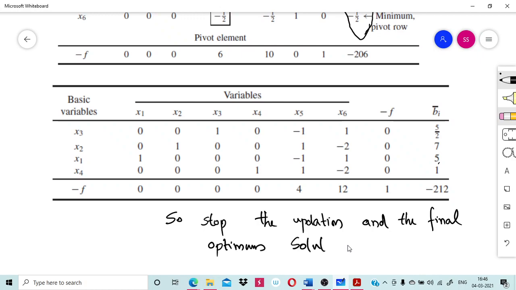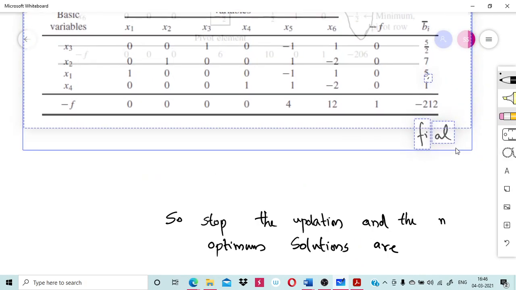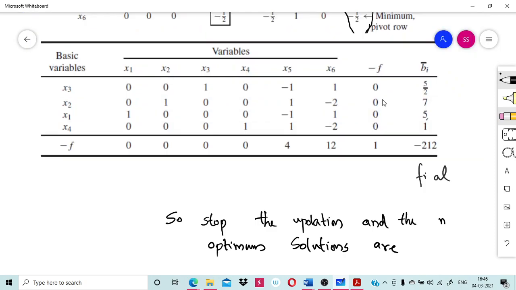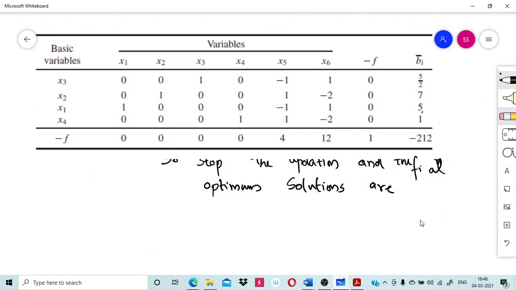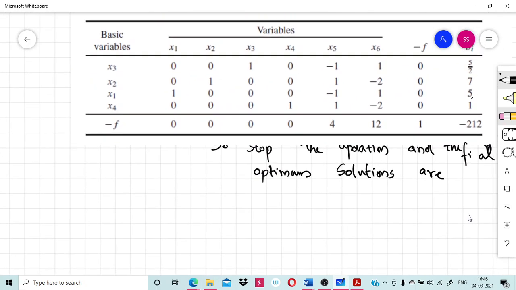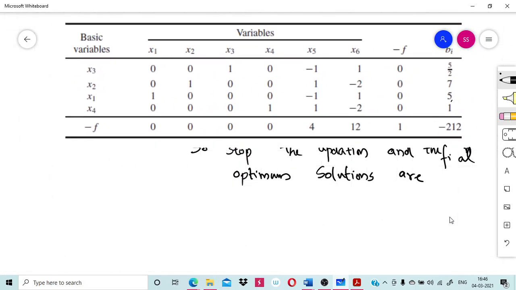like in our simplex method, in the same manner you can find out the optimum solutions here also. That means you have the basic variables x3, x2, x1 and x4.